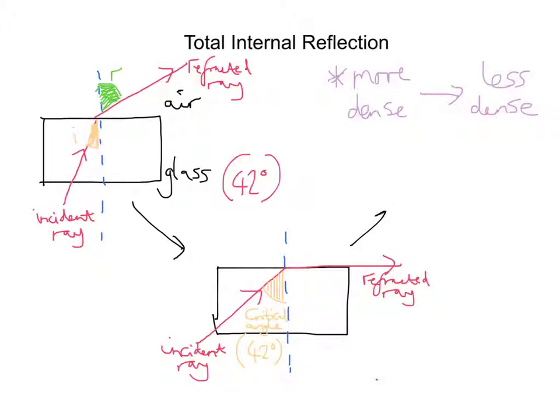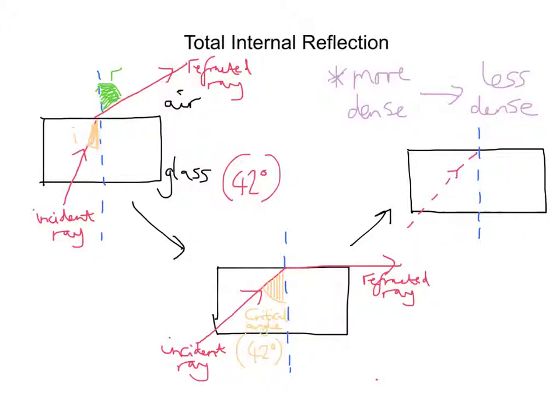So let's finish by drawing what this would look like. So here's our glass. Let's put the normal in place. This time, I'm going to just draw a sort of hashed red line to show the original incident ray, whereby we achieve the critical angle.